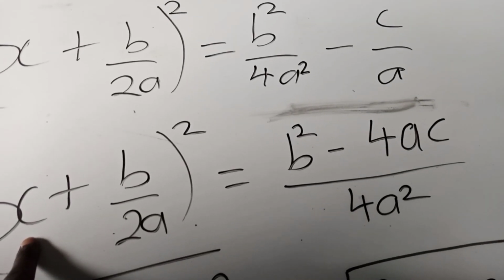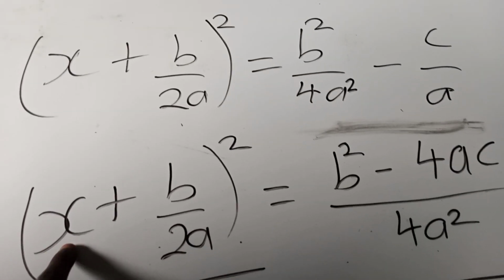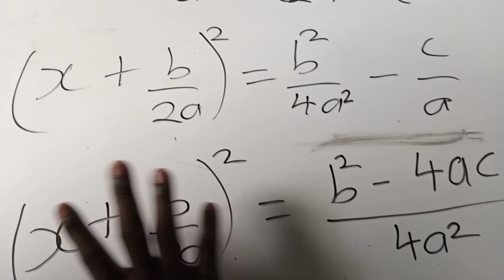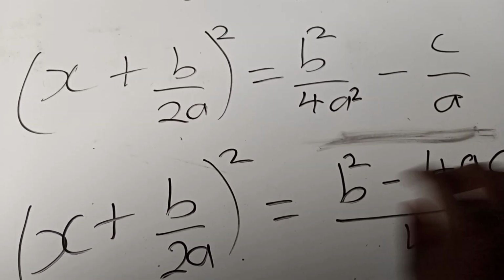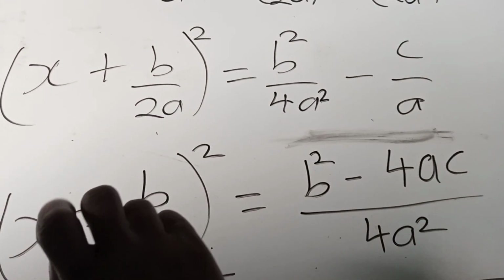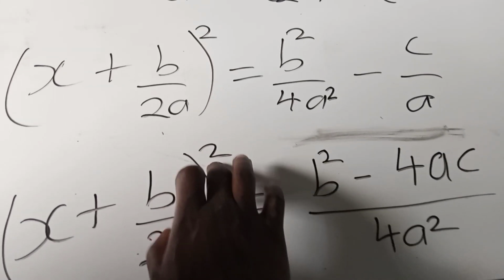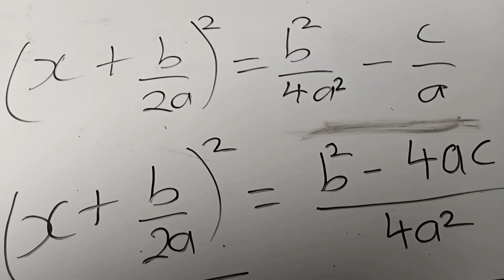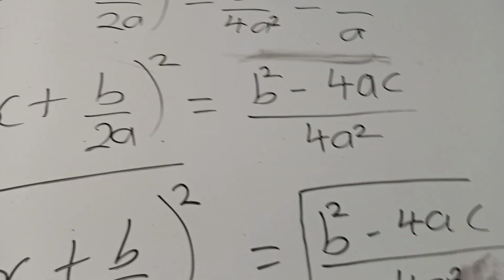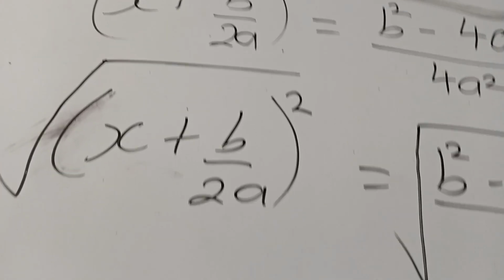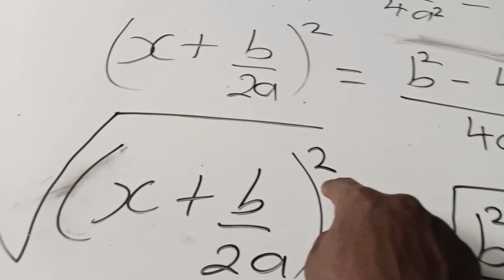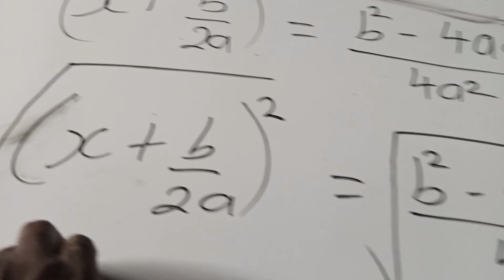What we will do here is take the root of both sides to do away with the square. You take square root of both sides. So in taking square root of both sides, you have x plus b over 2a all squared, then you take the square root of it.